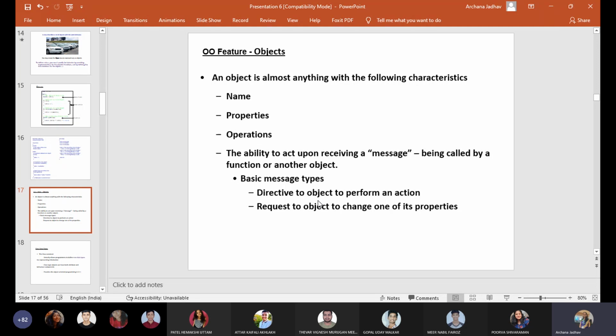Now, once you know how a class can be written, the second thing is you should know how the object can be defined. An object is almost anything with properties like name, properties, and operations. It has the ability to act upon receiving a particular message, which is being called as a function or by another function or another object. The basic message type is a directive to an object to perform an action or a request to an object to change one of its properties.